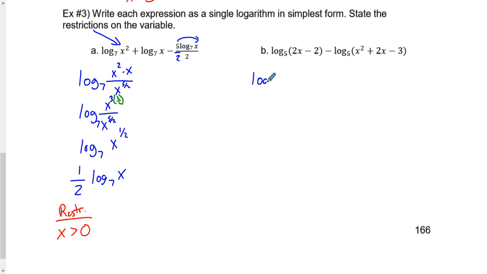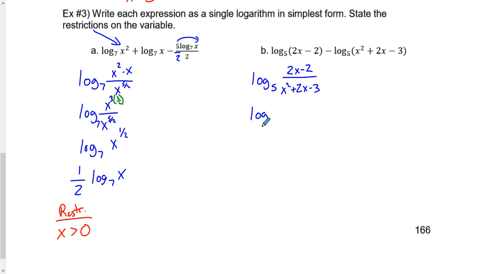But we do have a log base 5. So we have the 2x minus 2 subtracting this x squared plus 2x minus 3. Subtraction means division. So 2x minus 2 over x squared plus 2x minus 3. So now we're going to simplify, which means let's factor.